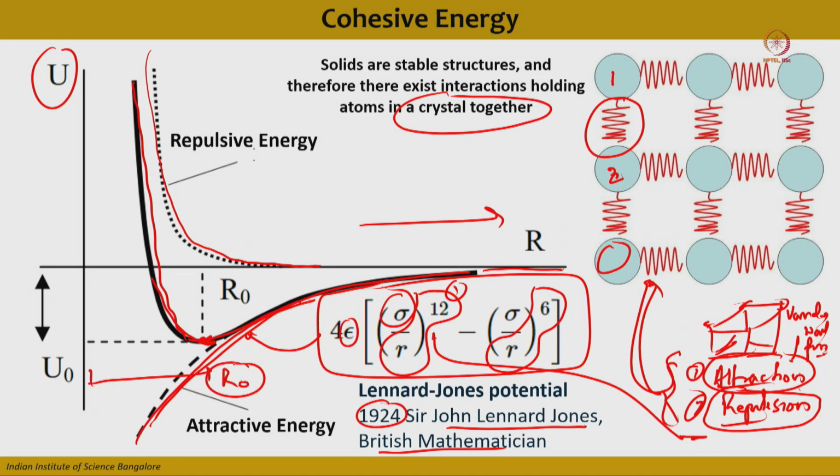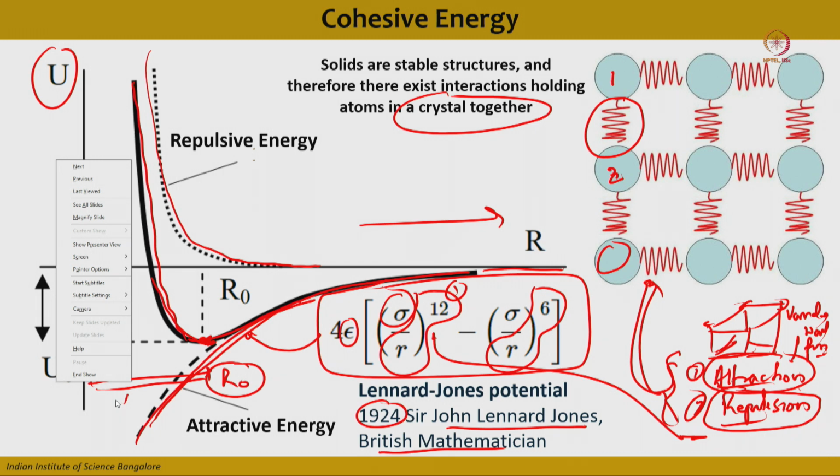If the two atoms are coming close together, initially there will be an attractive force. Once they come closer and closer, there will be a state where the potential energy is minimum, and this distance which is maintained, where the state has the lowest potential or the stable state, corresponds to r0. This is also termed the equilibrium distance.